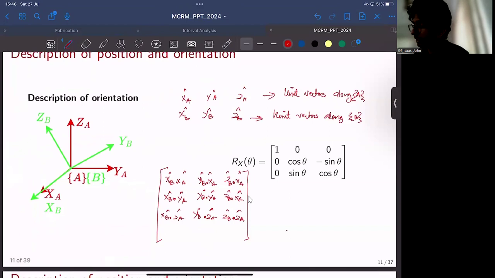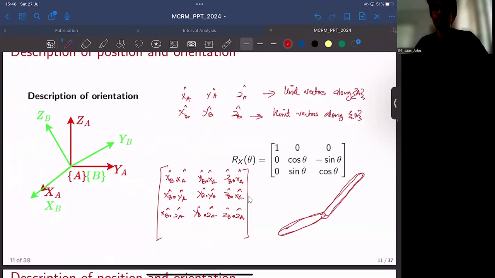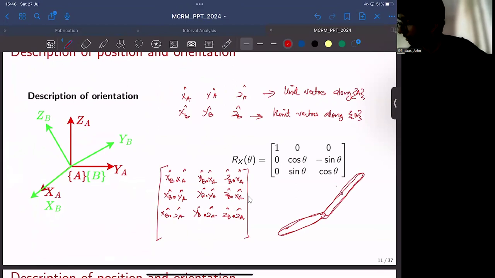Because a rigid manipulator is comprised of rigid bodies, and the way that we mathematically model rigid bodies is by substituting a frame of reference in place of these rigid links.